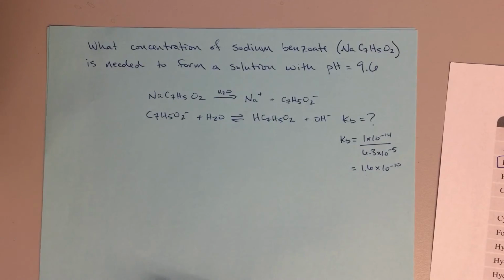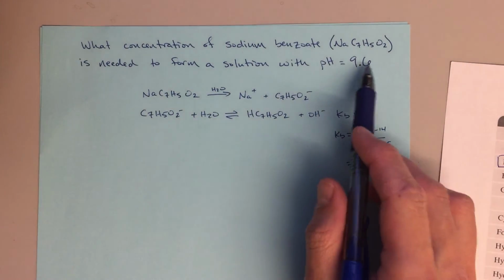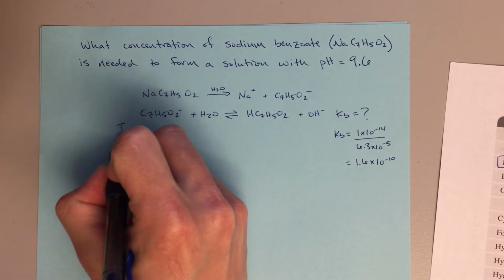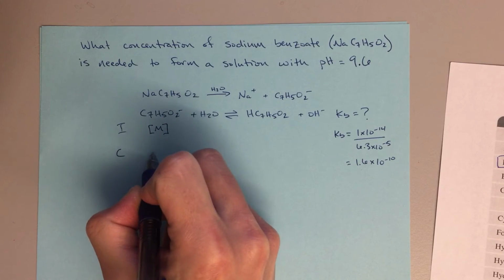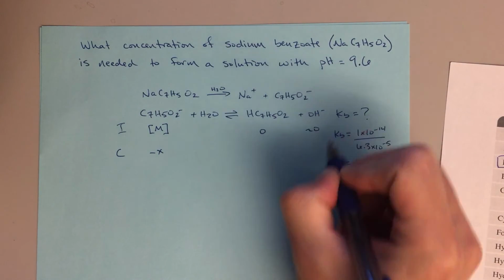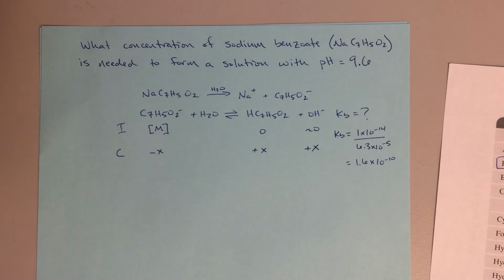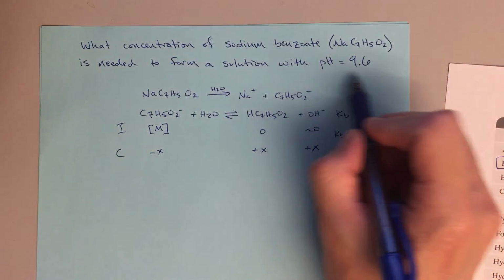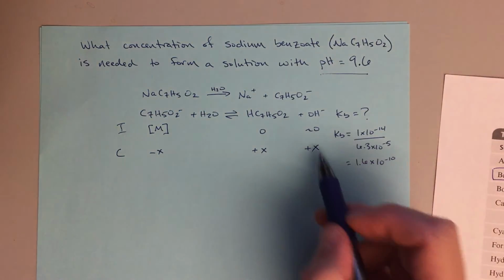All right, so the question is asking what the initial concentration should be for this given pH. So in my ICE table, I like just doing an M in brackets for my initial concentration there because I don't know it yet. Plus x, as we're probably used to doing by now. And now, again, using this pH information, pH equals 9.6, I can use that to find what my x value is.